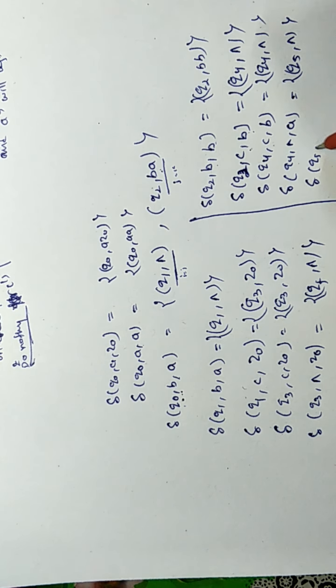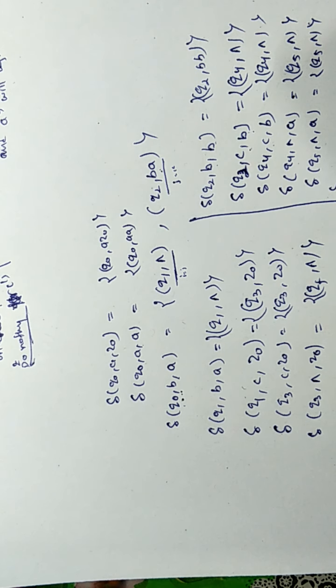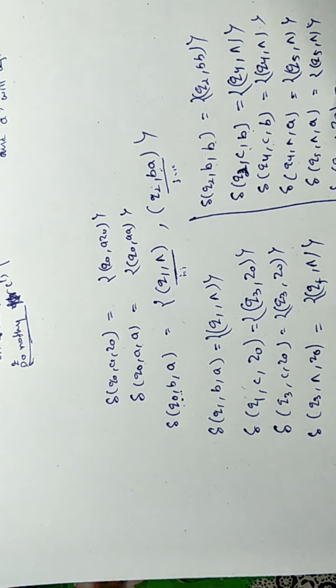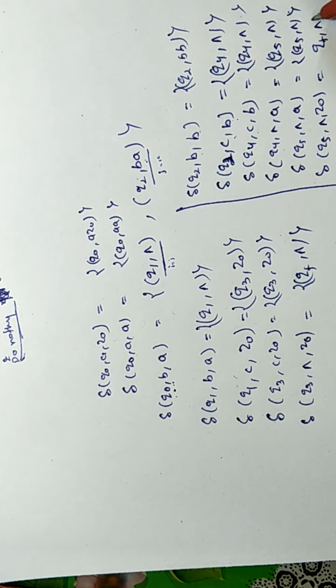Then at q5 there can be more a's on this stack, so I will pop all a's from this stack, and then I will get z0. I will reach the final state here.